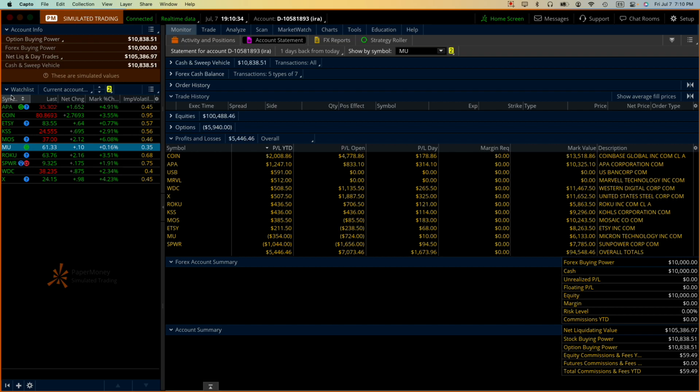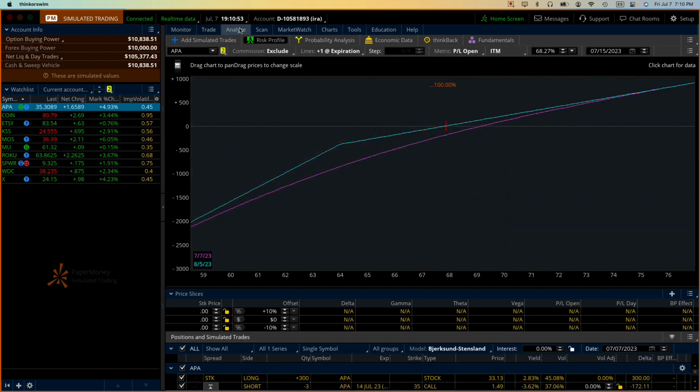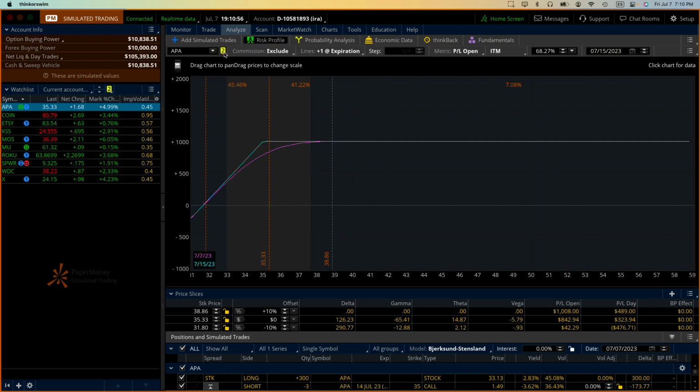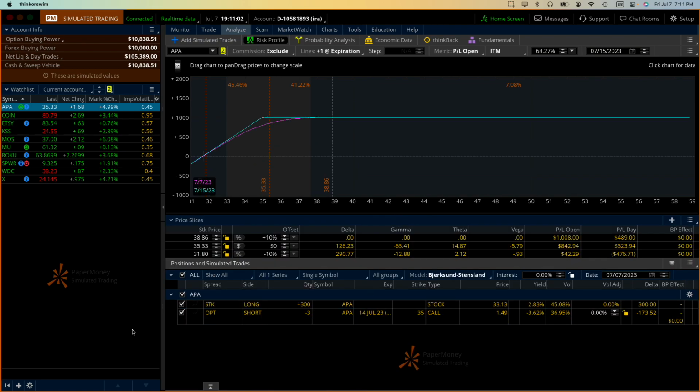Okay, so what I want to do is go by symbol here, organize them alphabetically, and see what needs to change. Click on any of the trades, and if you have this yellow or any of these icons, you can go to the Analyze tab, and provided that you have a yellow icon here too, you get to see the trade as it stands right now.